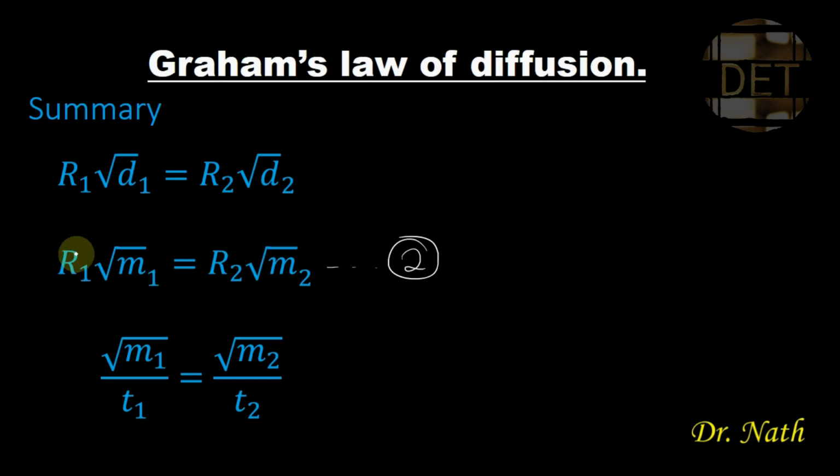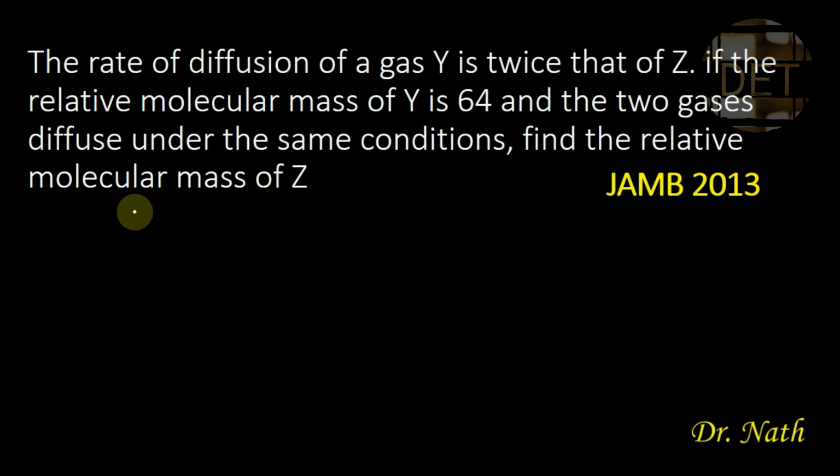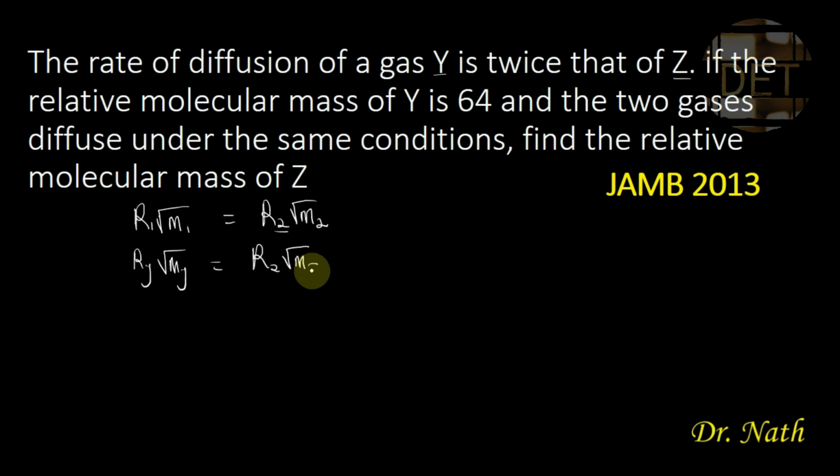And the equation is R1 square root of M1 is equal to R2 square root of M2. If we apply this equation to this question, we will have R1 square root of M1 is equal to R2 square root of M2. So let your gas 1 be your gas Y and let your gas 2 be your gas Z. So that tells you that my R1 is now my RY square root of MY is equal to RZ square root of MZ.